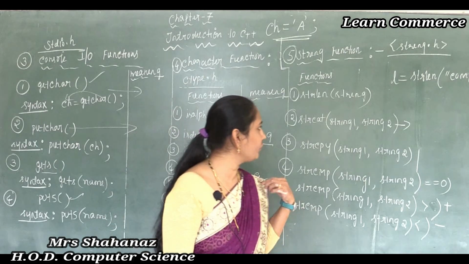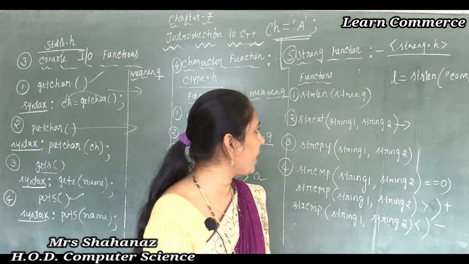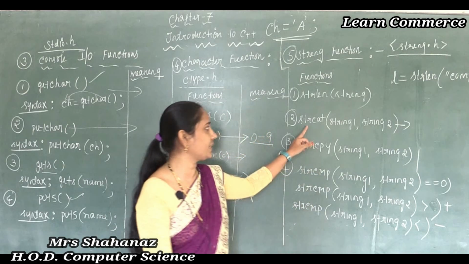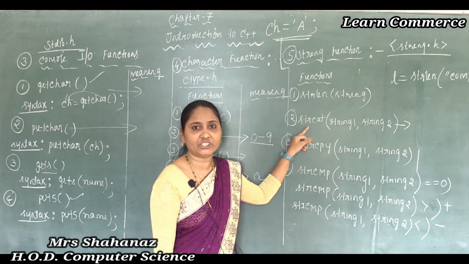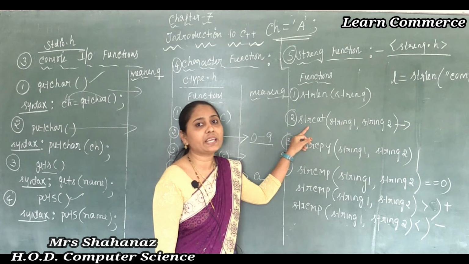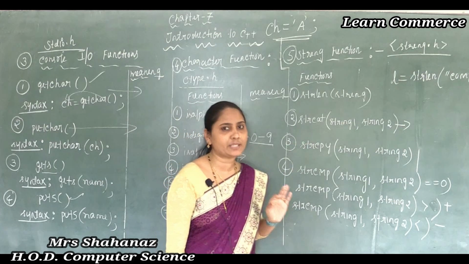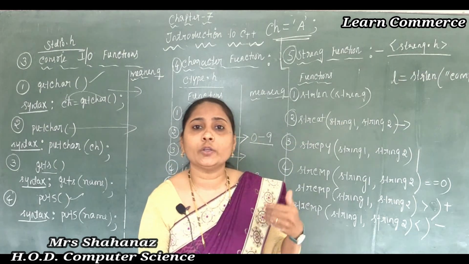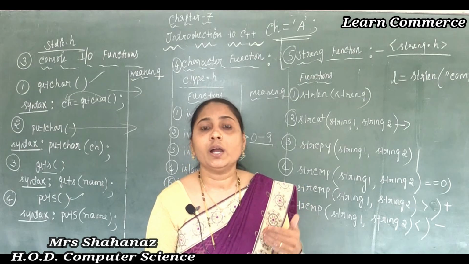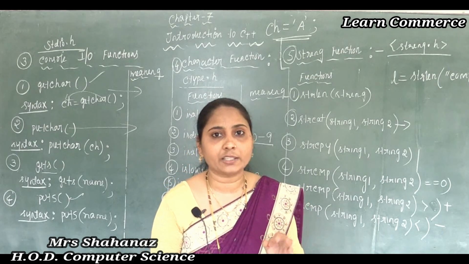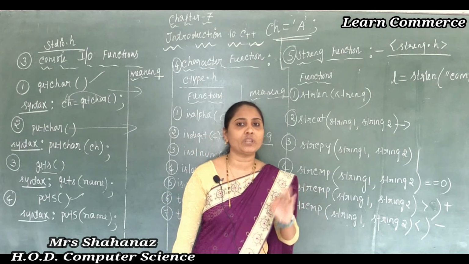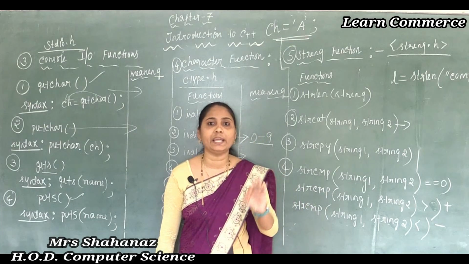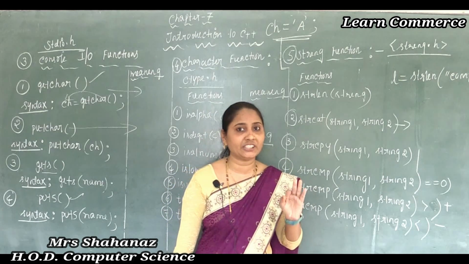strcat, opening of the parenthesis, string 1 comma string 2 closing of the parenthesis. So now here cat means it is a concatenation. Clear this point here? strcat. Now in simple words, the full form of cat is concatenation.